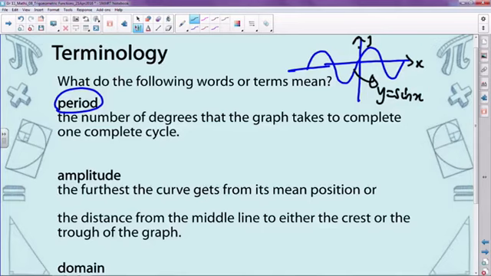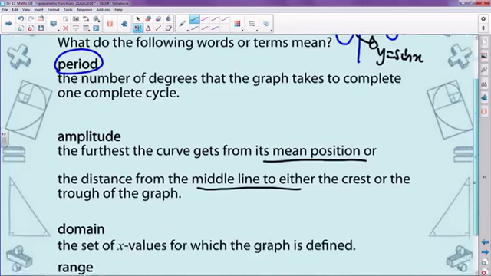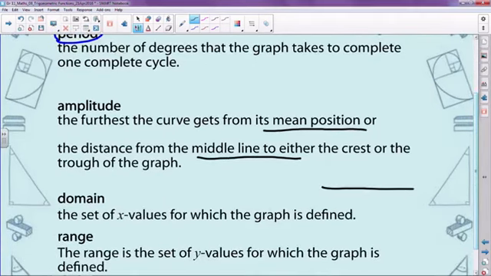And then we looked at the amplitude as well. The amplitude is the furthest the curve gets from its mean position, or the distance from the middle line to either the crest or the trough of the graph. If we look at the very same example again, this is the parent function.